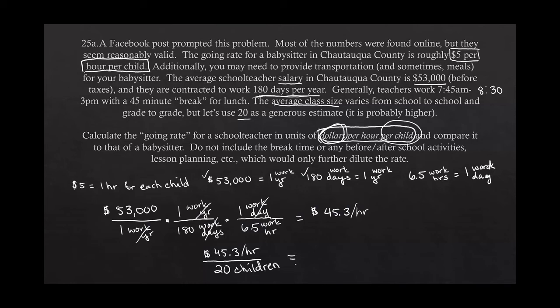When we do that division out, and I might have just kept this number in my calculator without rounding it. That might be why I just put the 3 here. Okay, so they didn't end up with round off error. You get 2.26, so $2.26 per hour for each child.